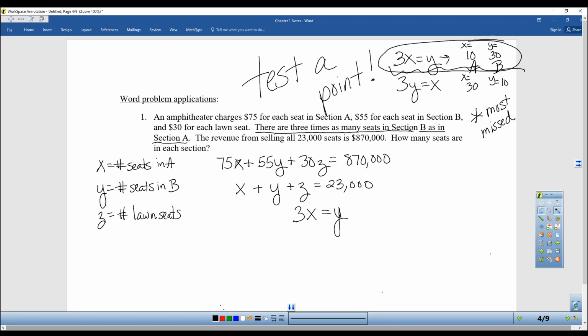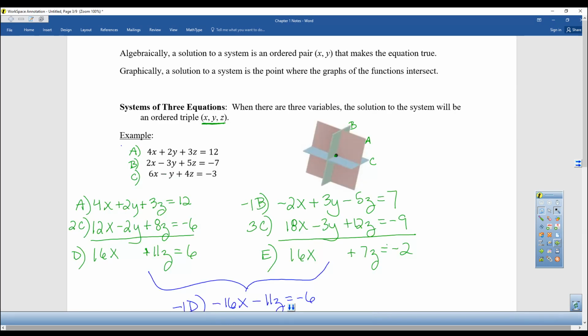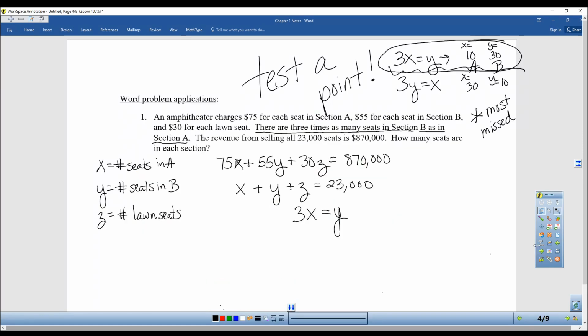So on this problem, unlike the one that we just did, which was much more formal and there were lots of really hard equations, this one's actually a little bit easier because you can use substitution to get rid of one variable right away. So I look at this one and I say, oh, I can replace the y with 3x.